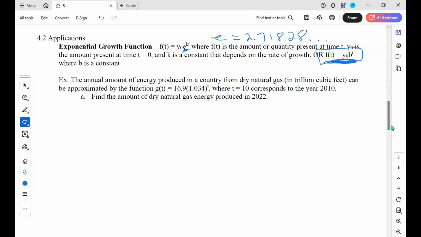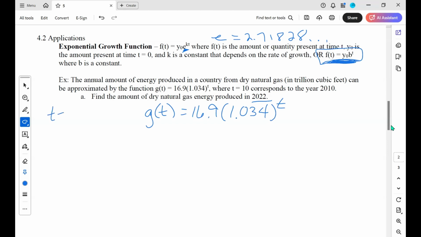So we need to find the amount of dry natural gas produced in 2022. All right, so first of all, before we can use our function G of t equals 16.9 times 1.034 to the t, we've got to find out what t is.